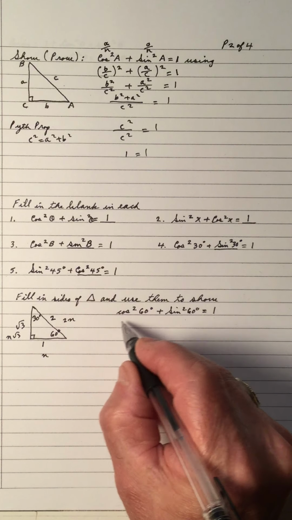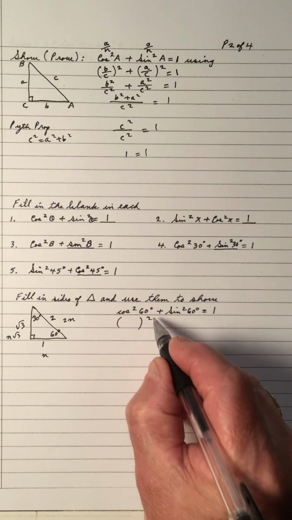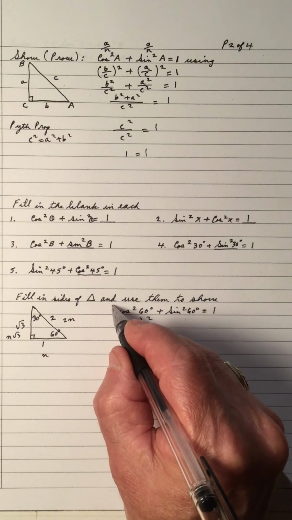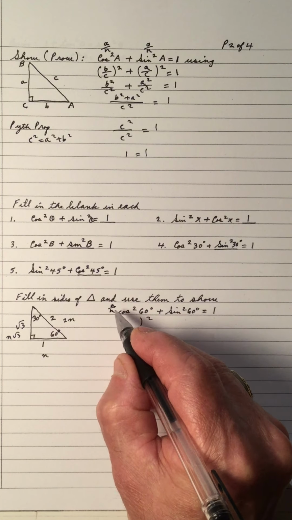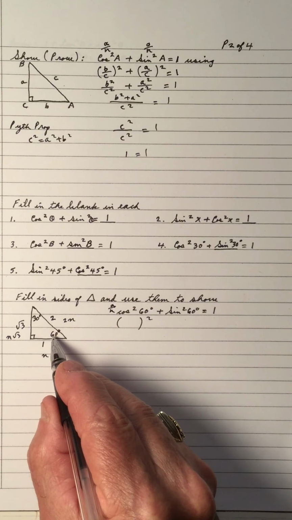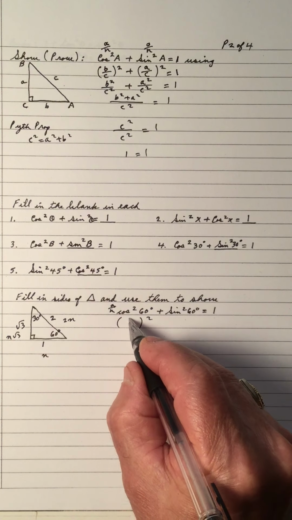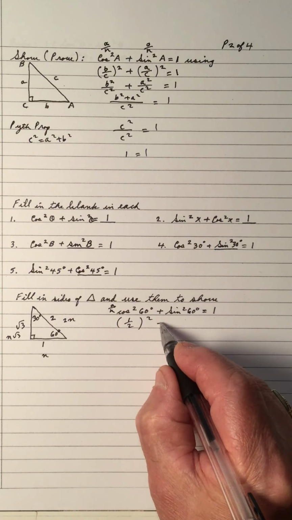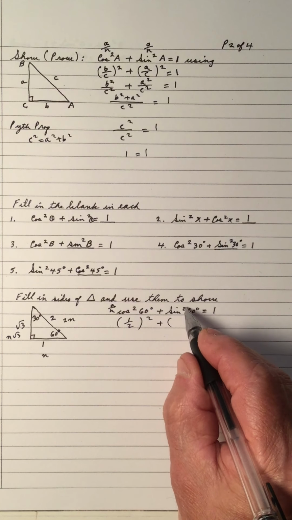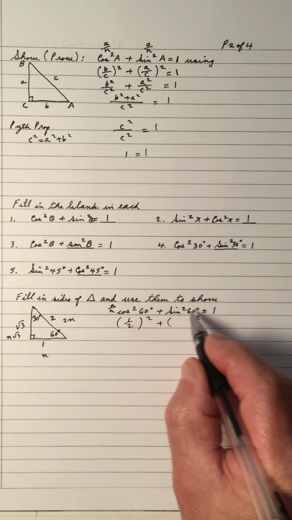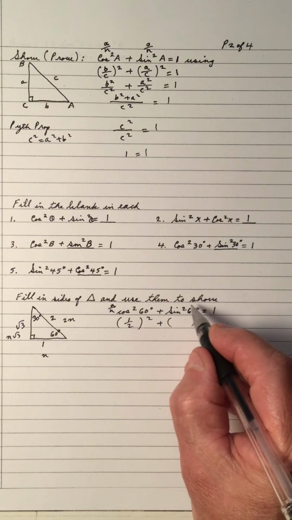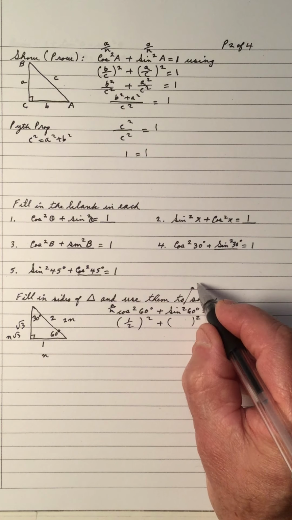So, the 60-degree angle. Cos is adjacent over hypotenuse. The 60-degree angle is here. The adjacent side is 1 and the hypotenuse is 2. Now we have the sine squared of 60. Sine is opposite over hypotenuse.